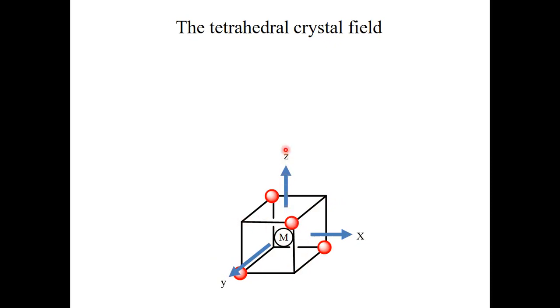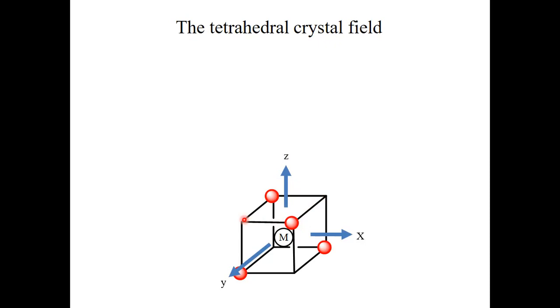And the z-axis pointing upward, standing perpendicular to this face here. Of course, the definition of the coordinate system is very important because it defines the orientation of the orbitals relative to the ligands.